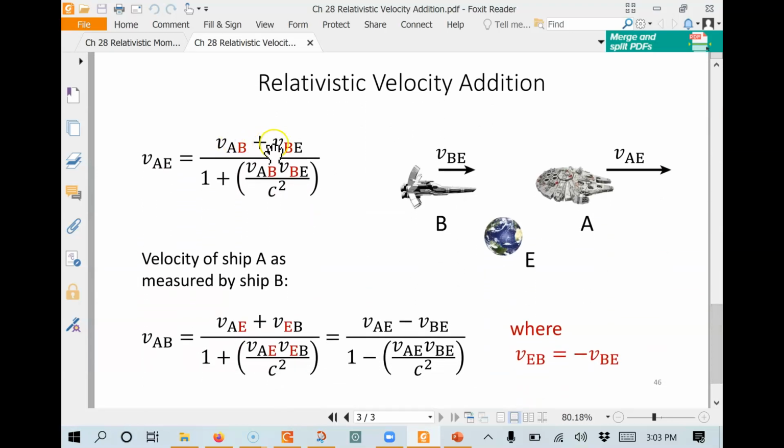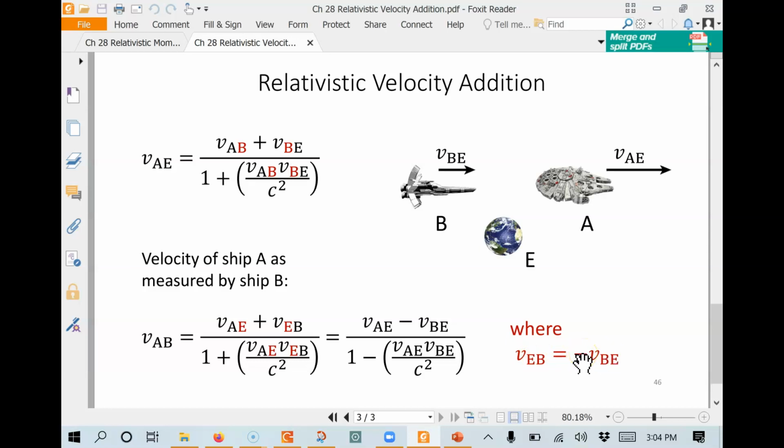It's the Galileo formula on the top with a denominator that looks like this. But the same idea as before, right? If I want the velocity of spaceship A as viewed by the Earth, I can write it as a sum of two V's, AE, they go at the ends, B in the middle. And in the term on the bottom, it's a product of two V's, but again, it's AE at the end, B in the middle. If I ever need to switch the subscripts, again, switch the subscripts, put a minus sign.